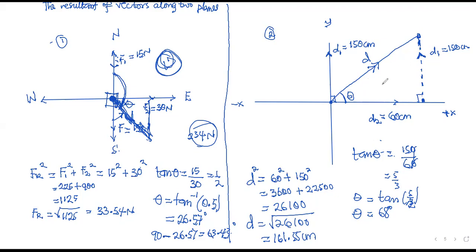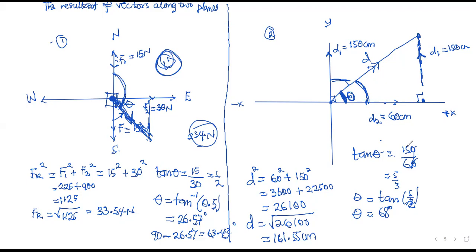We can put it there because we have the opposite and the adjacent, so you can easily find this angle between the resultant and the x-axis first, because we have what it takes to determine it. That is why I'm indicating theta here, because we have all that it takes to find theta first.